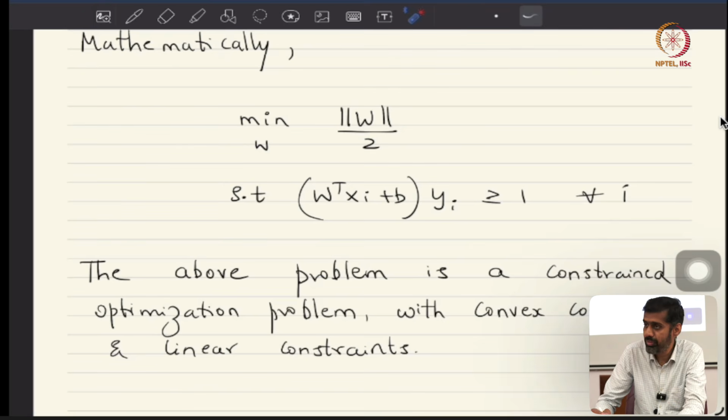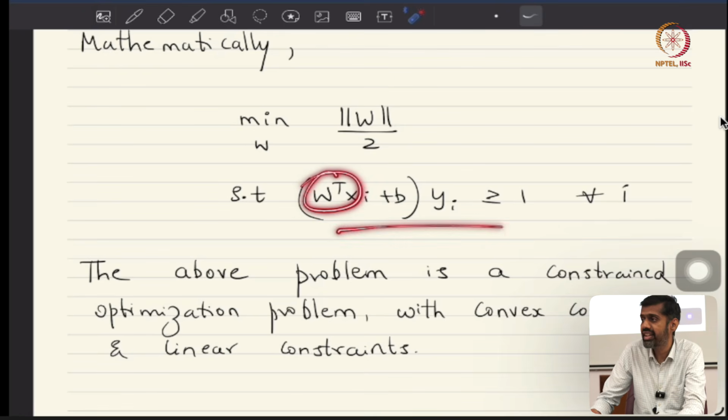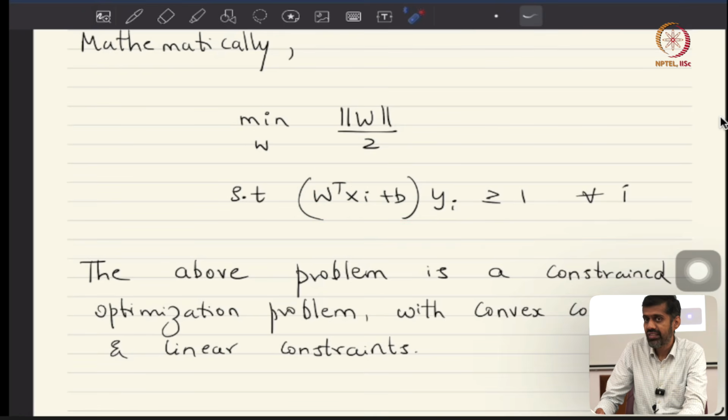What we are trying to optimize is norm 2, which is convex. The constraints that we have in terms of W are linear. So we are solving a convex optimization problem with linear constraints. That is what makes it elegant. So we have very nicely formulated standard optimization procedures to solve these kinds of problems, convex problems with linear constraints.